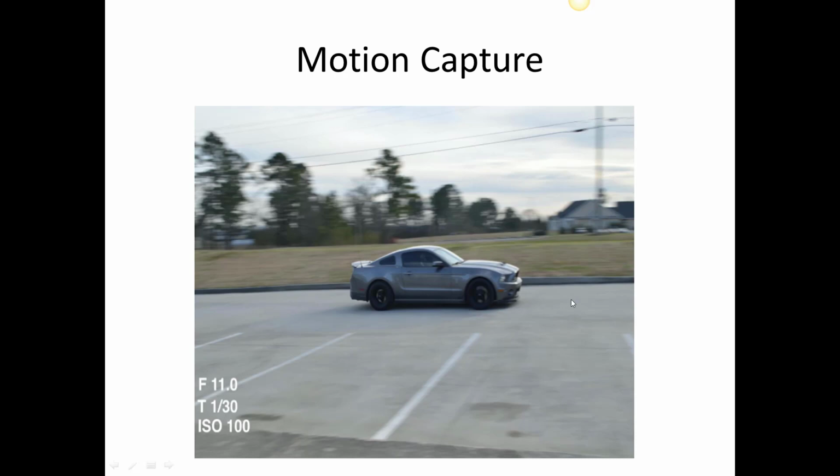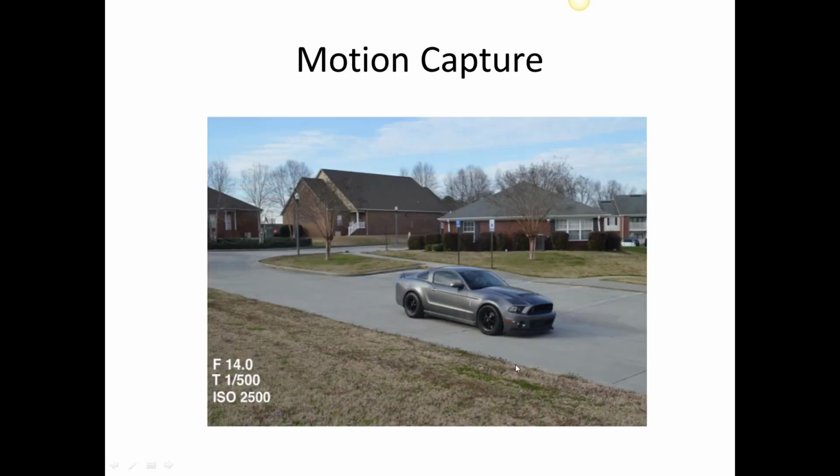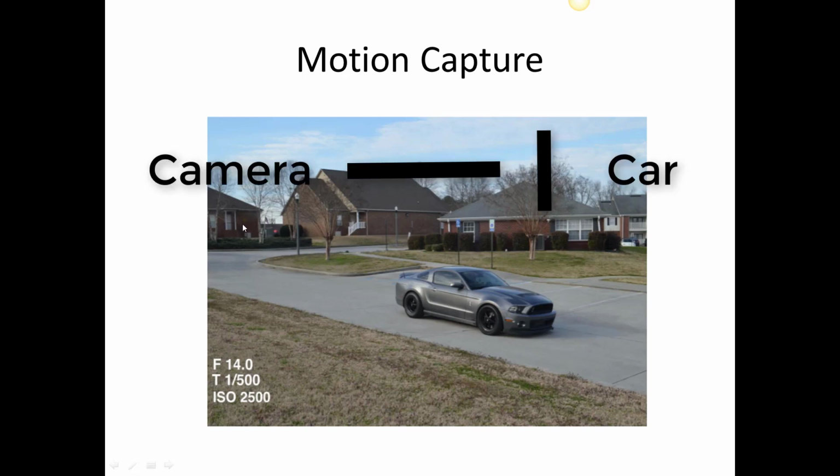Now it's better on this panning if the subject is really going left to right or right to left. In this second shot, it's more of an angle, and you won't capture the motion in the same way. This technique is best used when your subject is right there in front of you, perpendicular to where you're at.